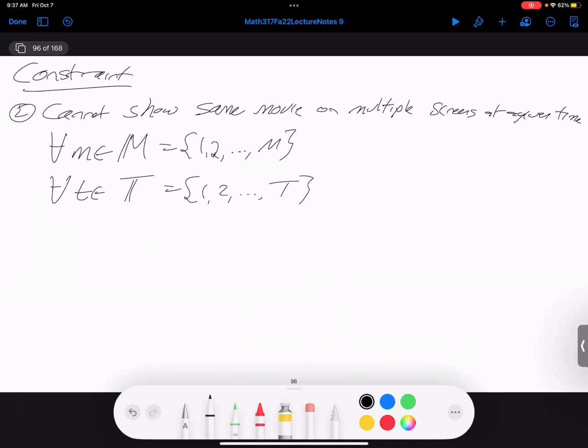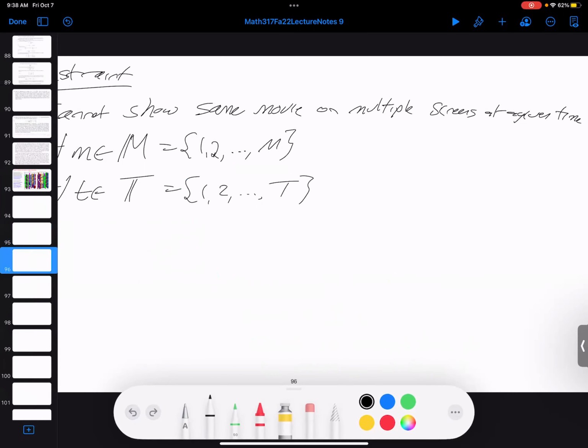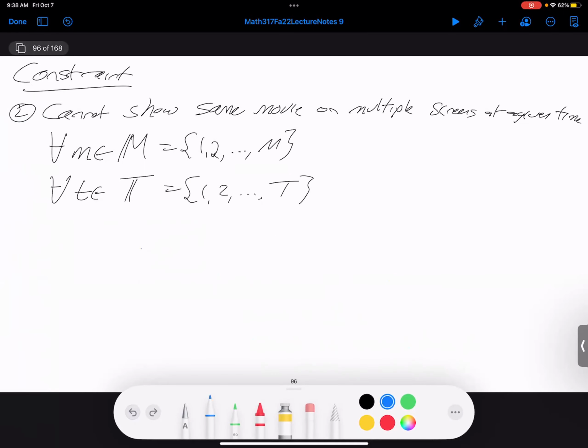So we want to make sure that each movie's on at most one screen. So we fixed M, we fixed the time, so we sum over all screens, S goes from 1 to S, and we want to make sure that the movie is playing on only one screen.